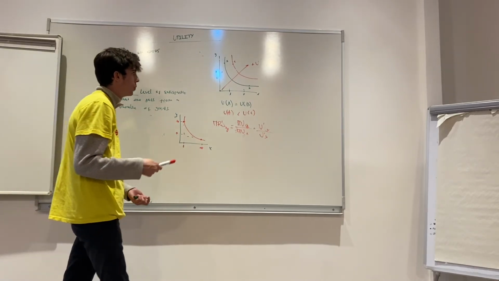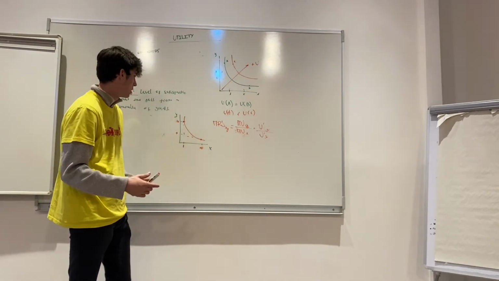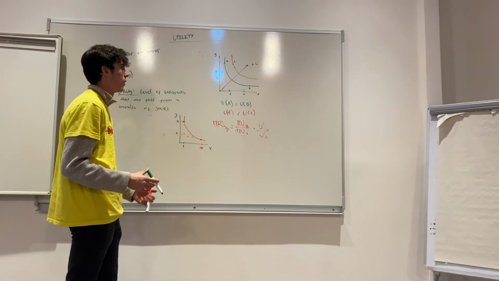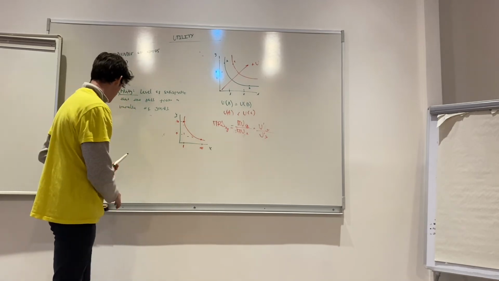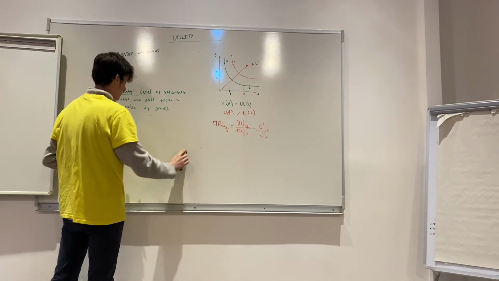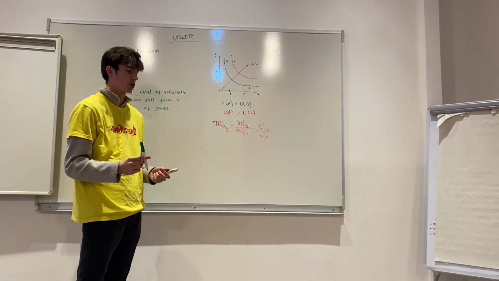Now, obviously, consumers will want to take the most optimal option because they want to have the most satisfaction. However, consumers have limits in their spending capacity. So there's a budget line that limits how much a consumer can buy.